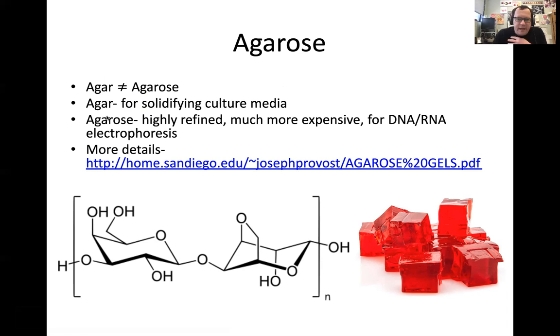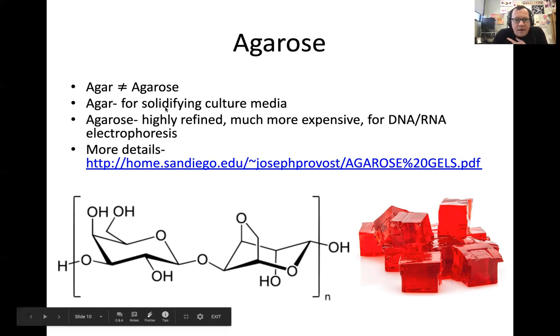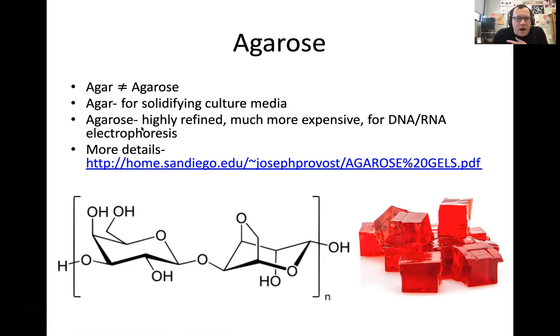But to look at DNA, we need a really nice, pure, homogeneous matrix of our polysaccharide or sugar chain. You theoretically could use agarose to make bacterial growth plates, but agarose is much more expensive. So it's a huge waste of money, whereas agar is relatively cheap.